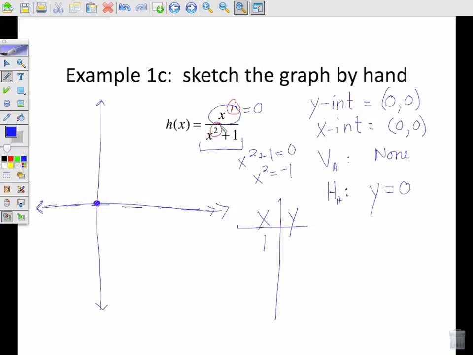So now what I need to do is build a table of values and find some other points. Let's go ahead and put in 1. If I put 1, I have 1 over 1 plus 1, so it's 1/2. If I put in 2, then I've got 2 over 5, which is 2/5.